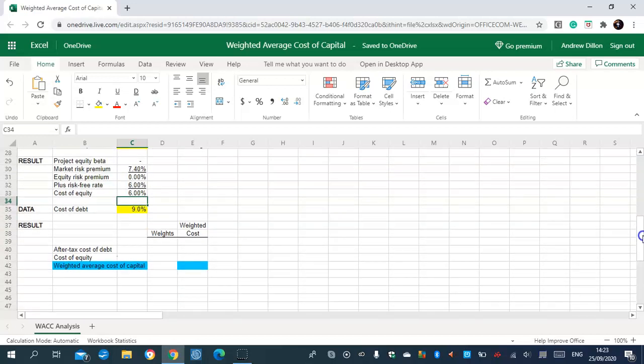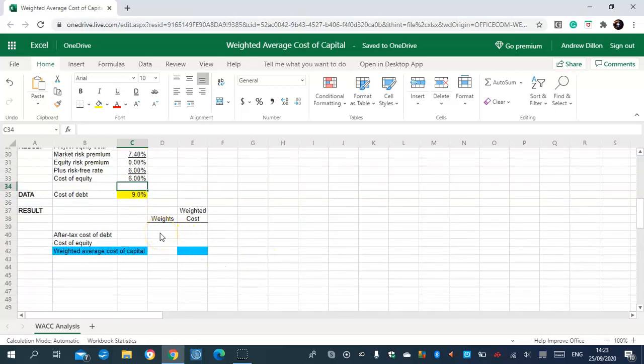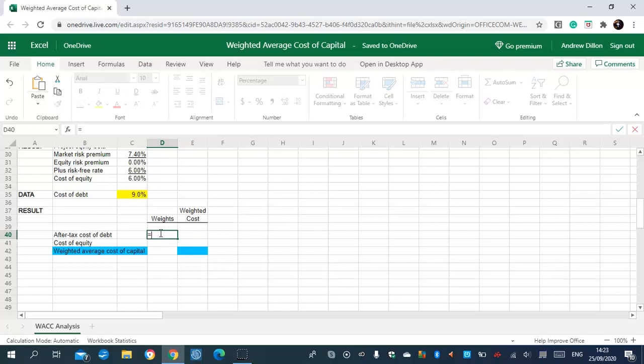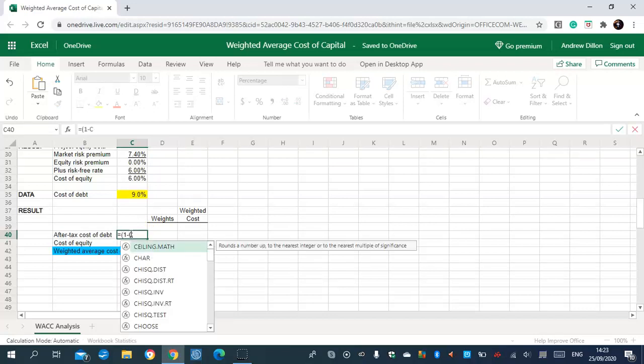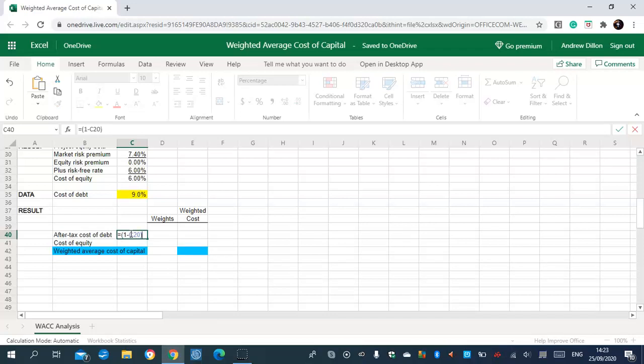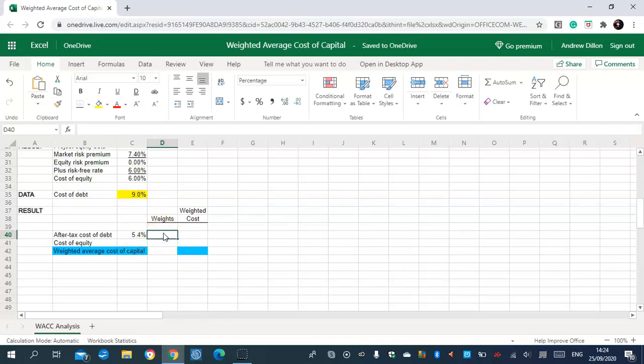Okay, so now we're in one last section. Go into the results for the last part. So after tax cost of debt equals C18.